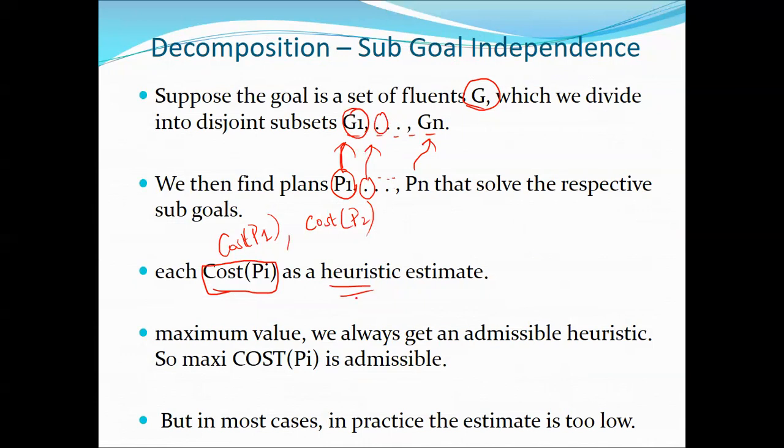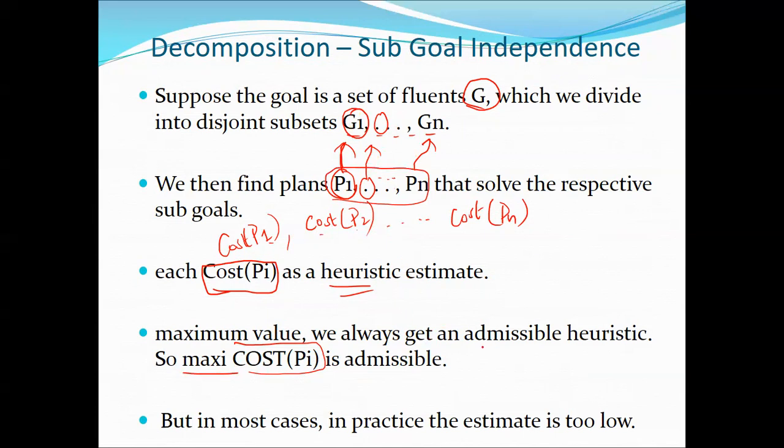Hence, it is a heuristic estimate. But now for the whole problem, we have to find the heuristic. What we can do is take the maximum of all the costs of Pi. You have cost of P1, cost of P2, up to cost of Pn. From all these costs you take whichever is maximum, and take that as the heuristic function.